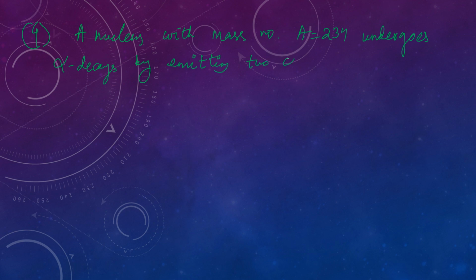A nucleus with mass number A equal to 234 undergoes alpha decays by emitting two alpha particles with kinetic energy 5.81 MeV and 5.73 MeV.